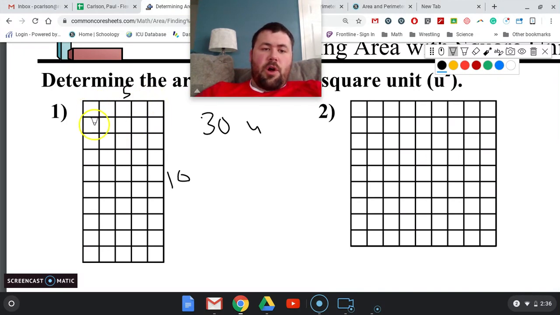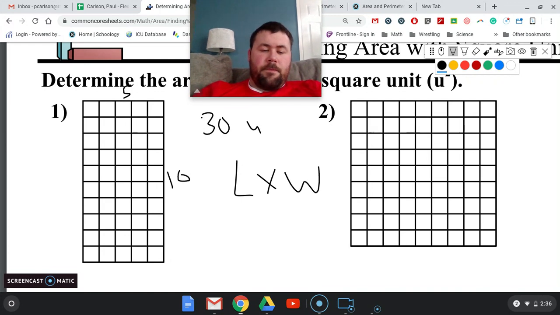If you counted all of them, they would be 50. But the easier thing to do would be to do length times width, which is your formula for area of a square or a rectangle, and you would do 5 times 10, which is 50 units. And since it's area, you put cubed because inside your shape there are 50 cubes.